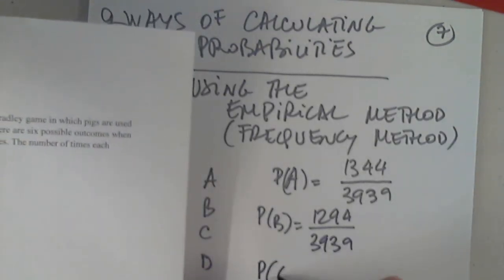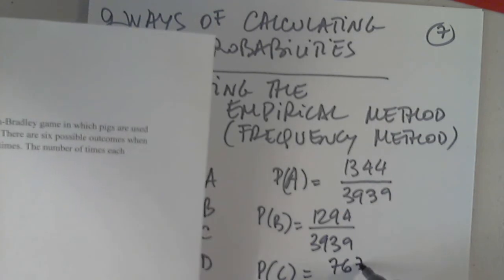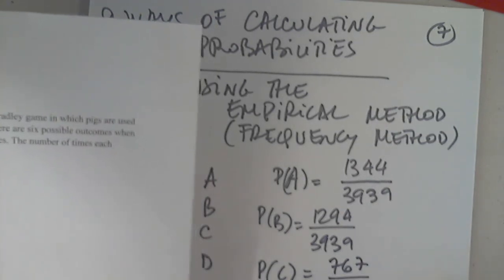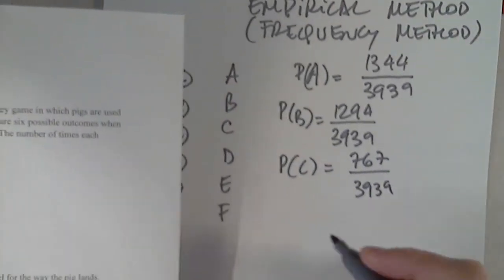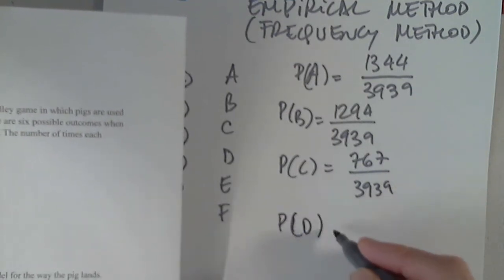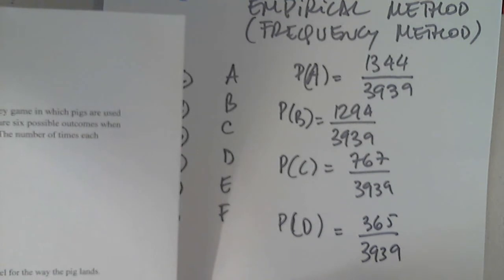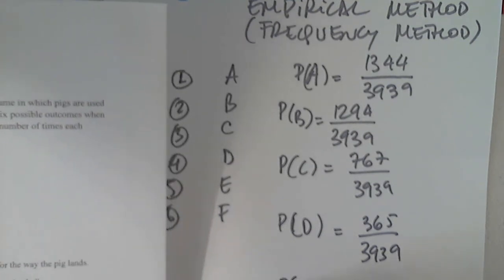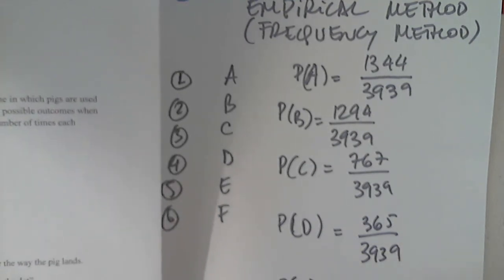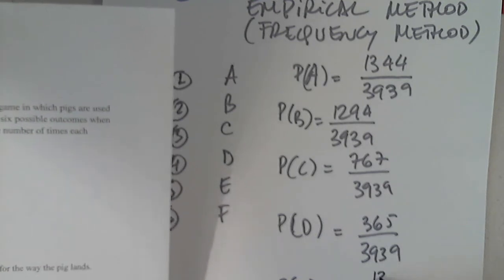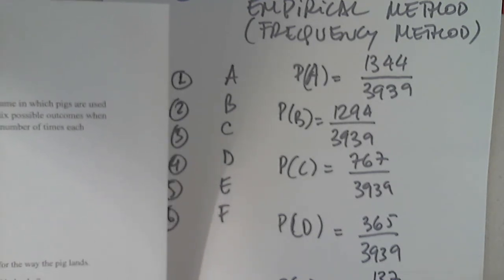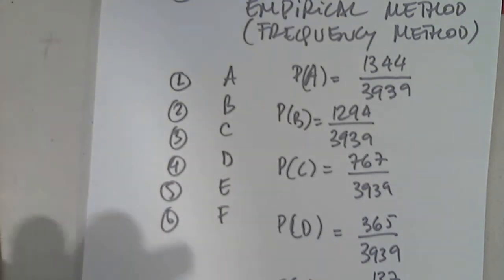And so on and so forth. P of C, 767 over 3939. And P of D is 365 over 3939. P of E, and then P of F, and then we'll create a table. So 137 over 3939 and 32 over 3939.